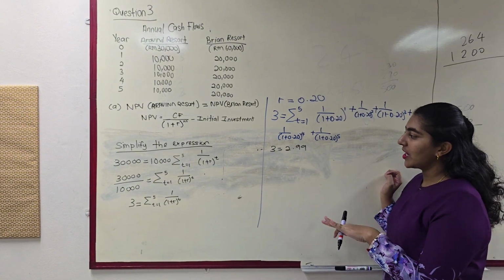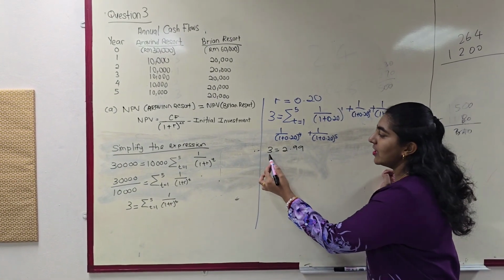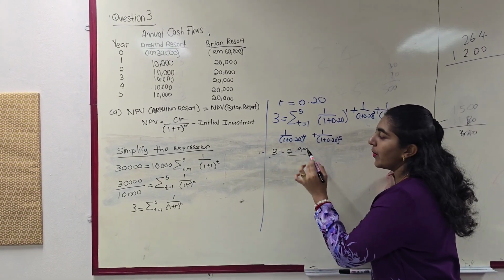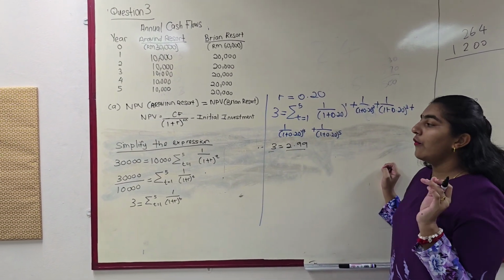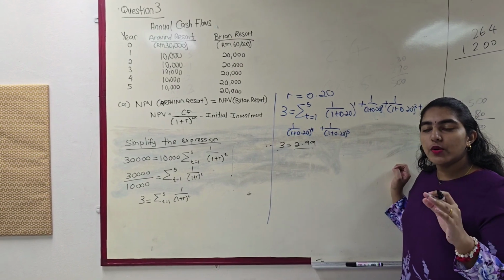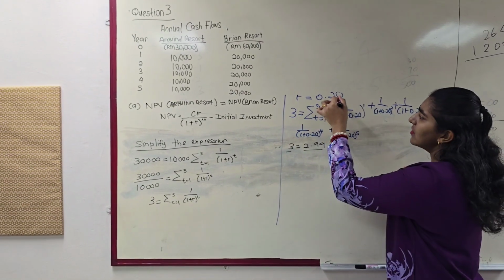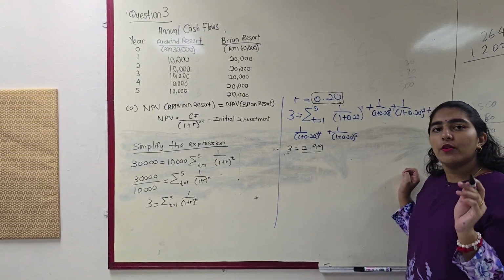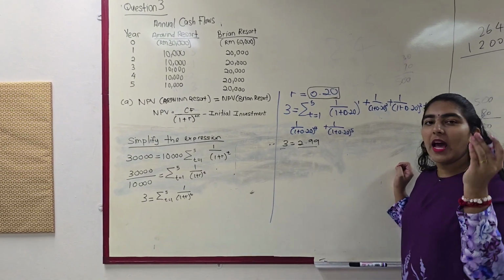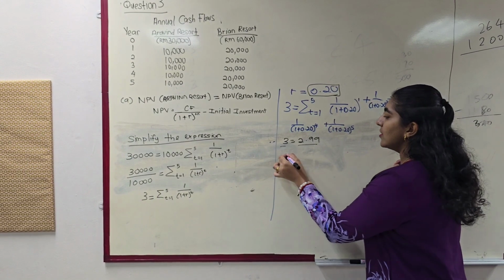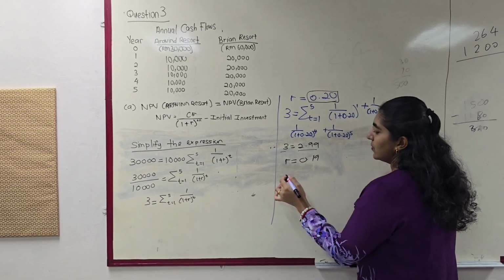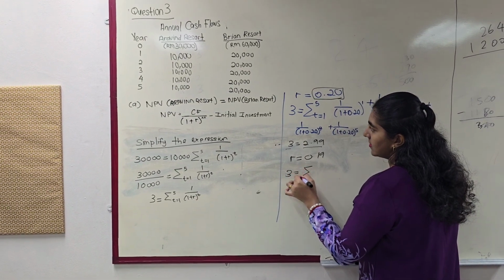So just now from the calculator you can see the present value is not equal to 3, which is 2.99. Your present value must be equal to 3. So we use rate 0.20, which means the number can be closer to 20. Maybe I assume the rate is 0.19, which is 19%. So I calculate again like this.